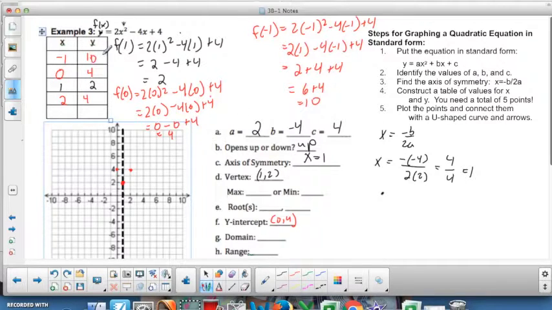So I have a point at 10. That means at -1, so that's here, I'm going up 10. My mirror of that, this is 2 points away from my axis of symmetry, so I'm going to go 2 points away over here, and that is 3, 10. And you can plug that in to check if you want.